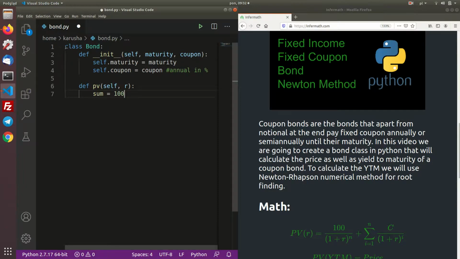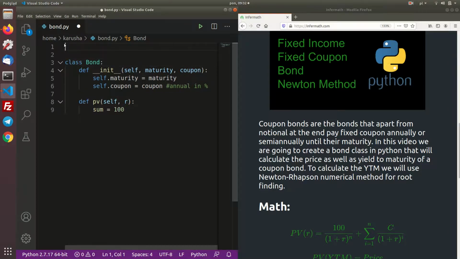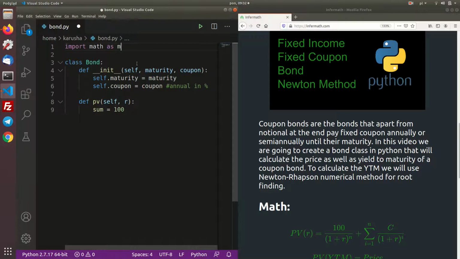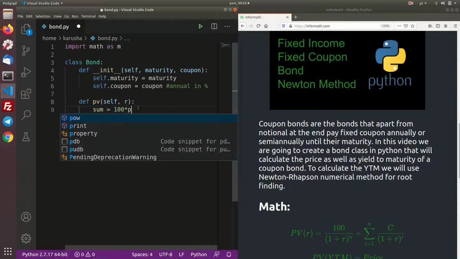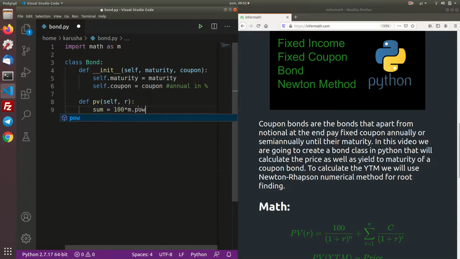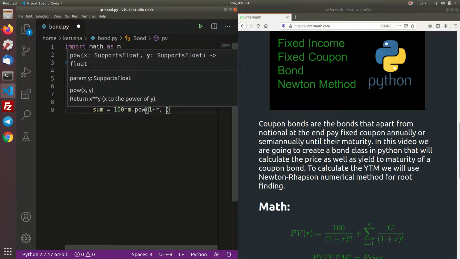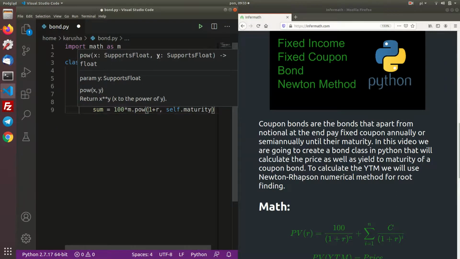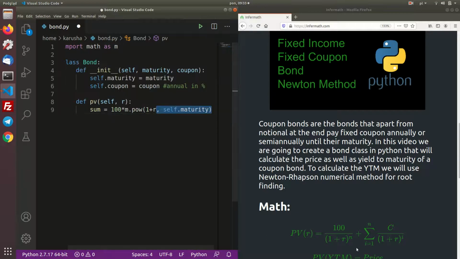So let us import a Python library called math, import math as m, and this library will have a power method. So we're going to use it here. We're going to use m.pow for power. The base will be 1 plus interest rate, and the power will be maturity. So in our case this will be self maturity. And because we are dividing, we need to take a negative power.